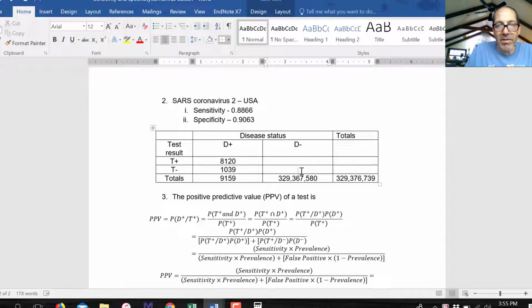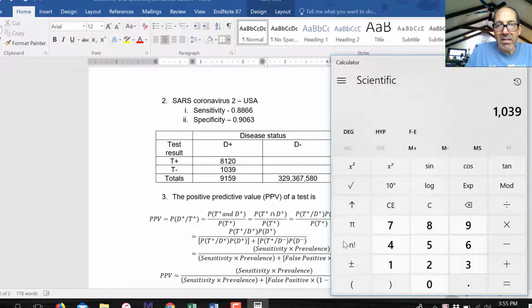Let's go ahead and do specificity. So here we will be multiplying. So let's clear this out.